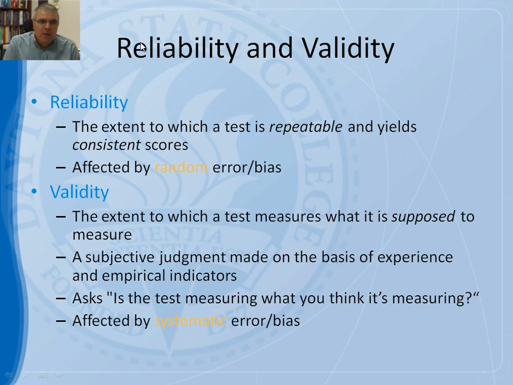Okay, so let me discuss a little bit the reliability and validity and the difference between the two. You probably heard the term transparency. Reliability relates to transparency. The extent to which a test is repeatable and yields consistent scores.